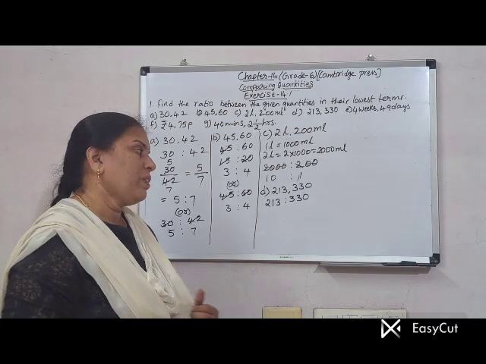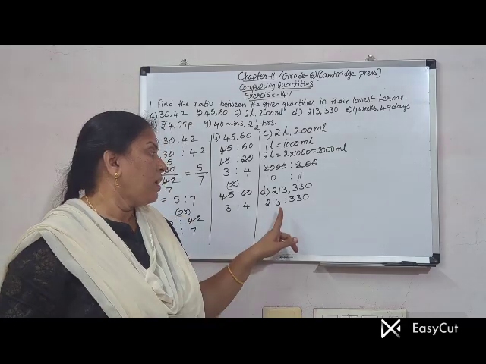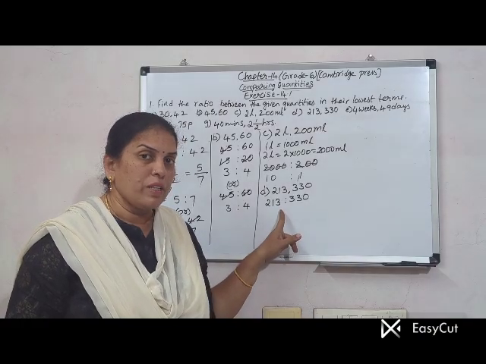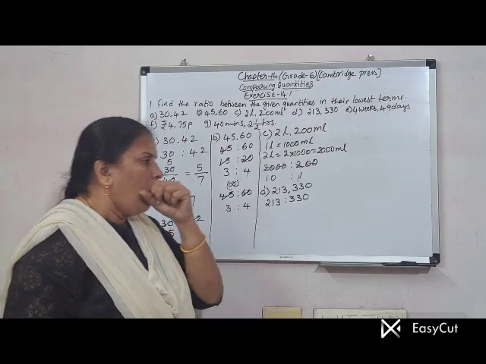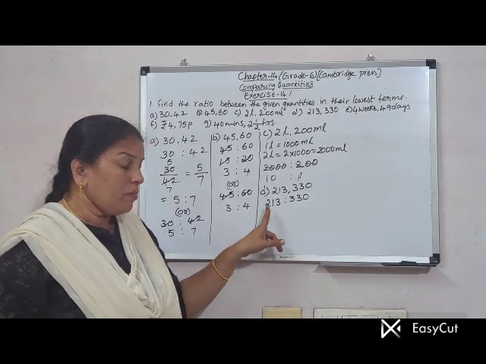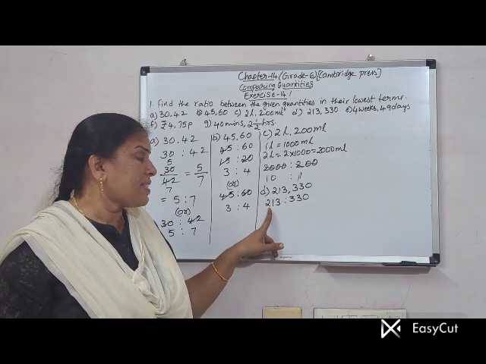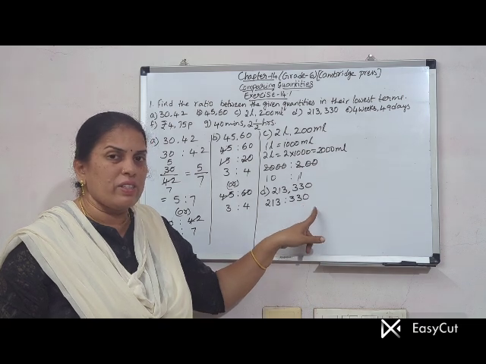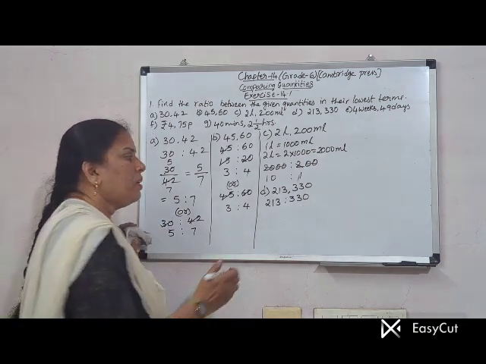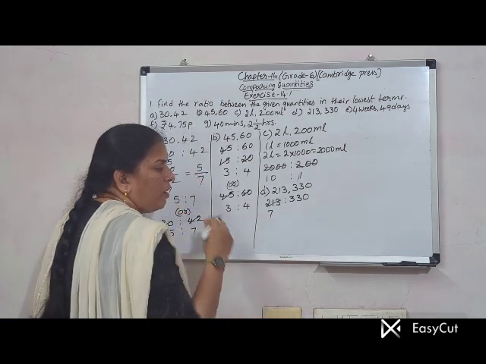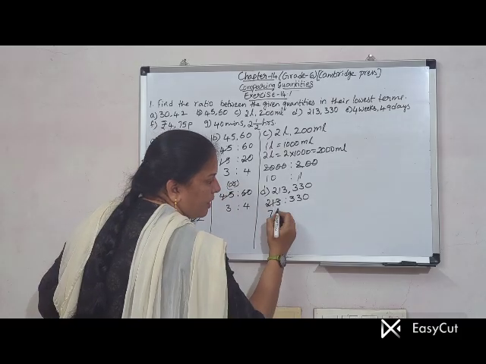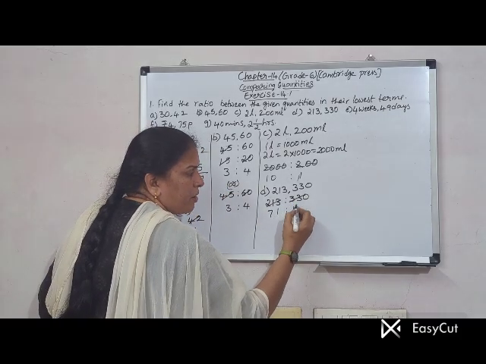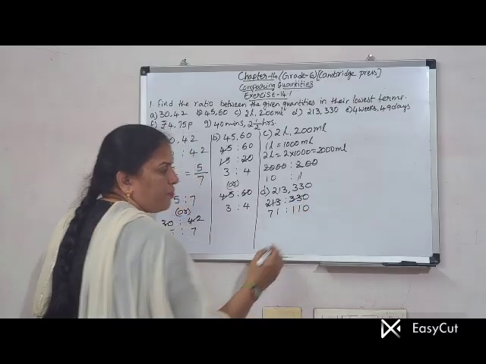Now, which table does it divide with? The last digit is not an even number, so it does not divide with the 2 table. So we will check with the 3 table. 3 7s are 21, 3 1s are 3. 3 1s are 3, 3 1s are 3, 3 0. So it divides with the 3 table. 3 7s are 21, 3 1s are 3 is to 3 1s are 3, 3 1s are 3, 3 zeros.